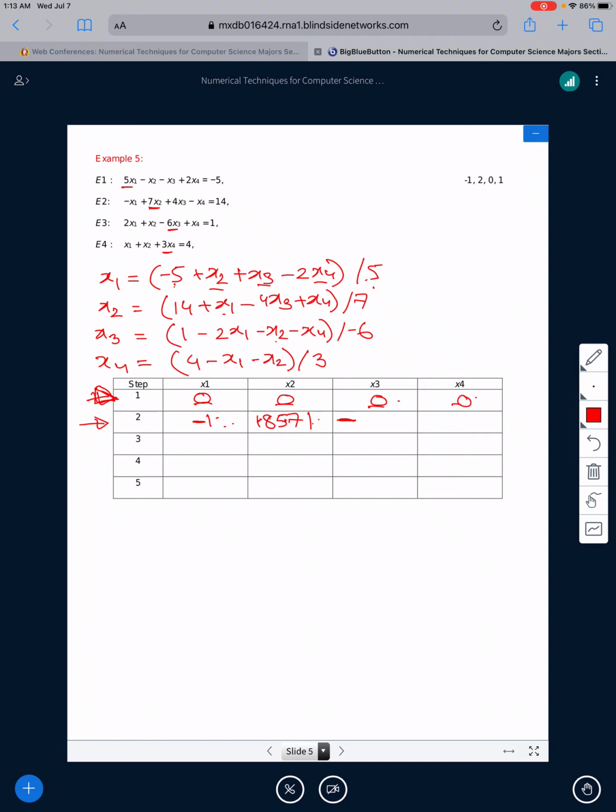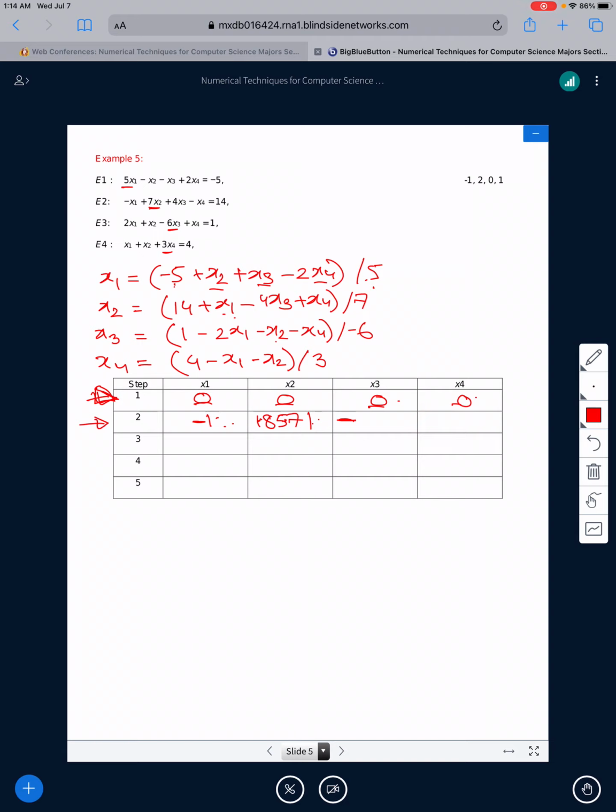Did I make any mistake? x1 is negative 1. Okay, so let me check. x1 is negative 1. 14 minus 1, and then x3 and x4 are 0.